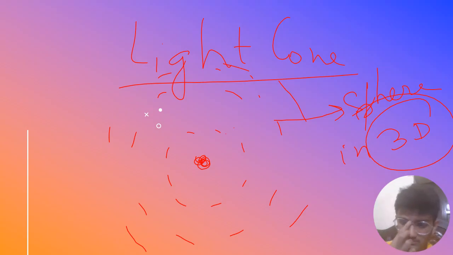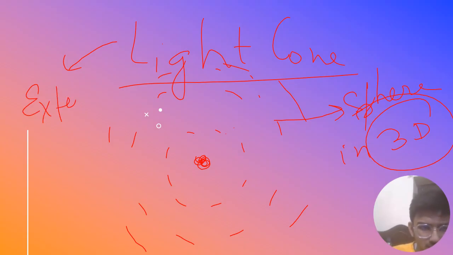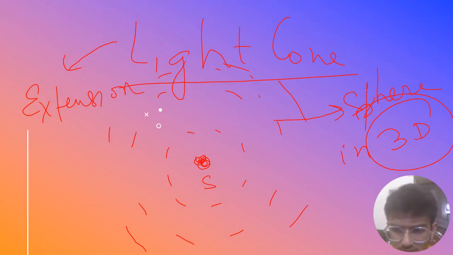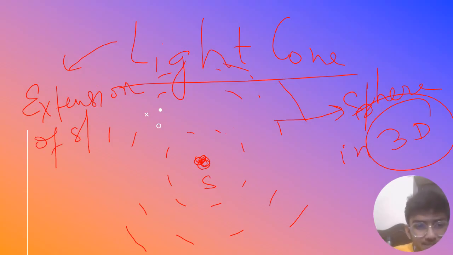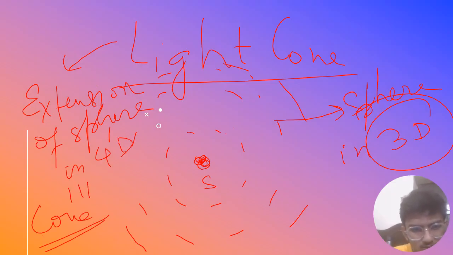So it is just an extension, or you can understand it from a source of light. From this source the light rays are diverging out. That way also you can understand. The extension of the sphere in 4D is what forms the cone, the light cone actually.